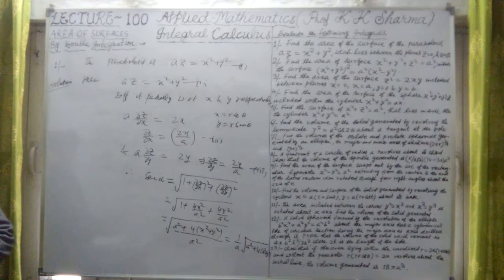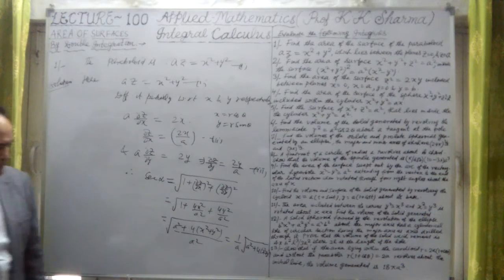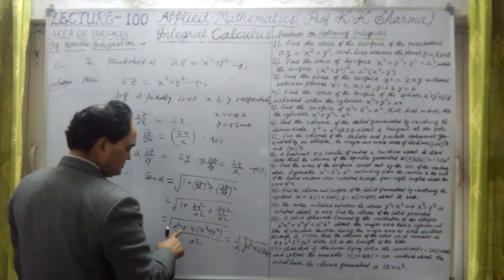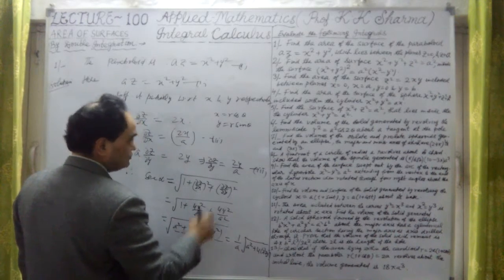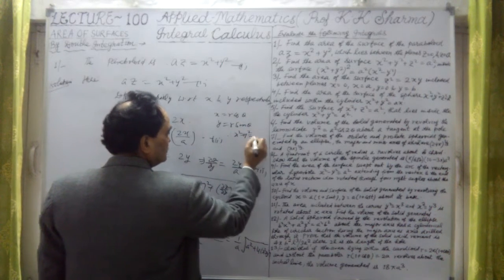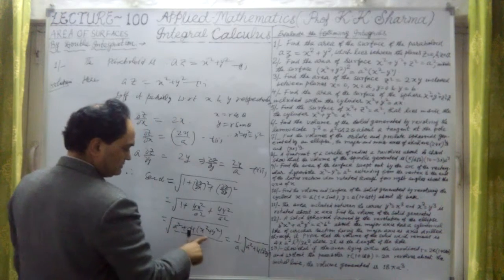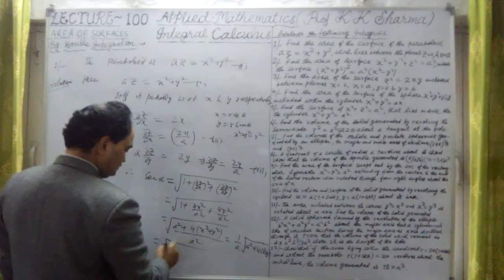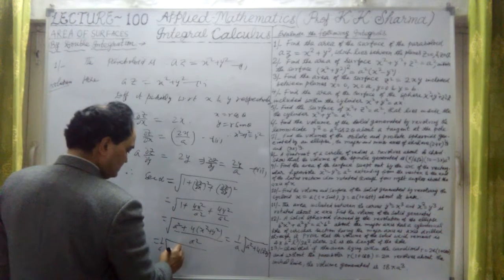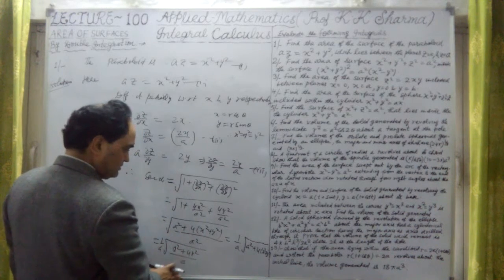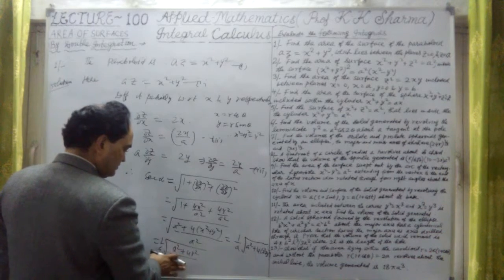The point is that we have to convert this into polar form. So x square plus y square equals r square. If I substitute this value here, it will give us under root 1 upon a, within the bracket a square plus 4r square, upon a square. a square I have taken out, so this is a square plus 4r square.